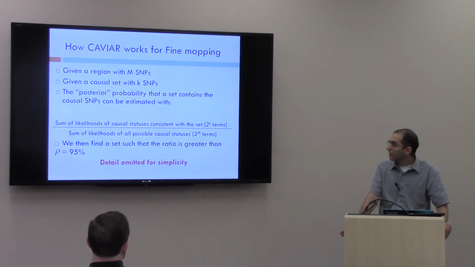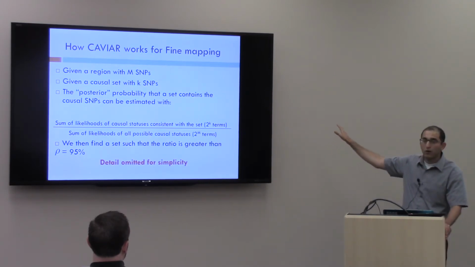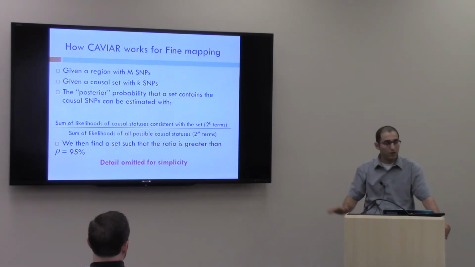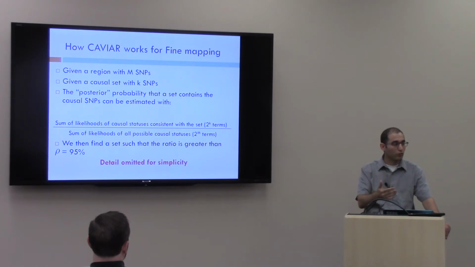Now, you divide that by the sum over all the possible causal statuses in that region, of which there are 2 to the M, and you can compute this posterior probability. Obviously, you have to multiply it by the probability of the causal statuses as a prior to make sure this is a posterior probability, but I'm just omitting that for now. Now, if this quantity is greater than the threshold rho, let's say 95%, then you found a rho causal set.